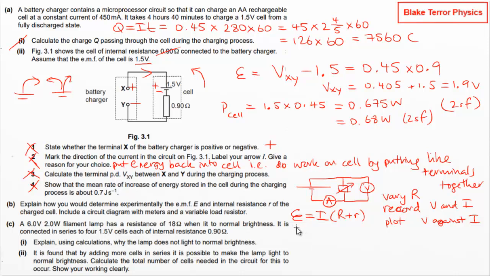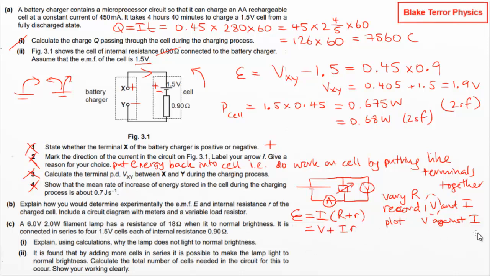So if we're going to rearrange that, well, actually, let's expand it out first, because I times capital R is V. That's what we're recording here, is the V. It's the only resistance we've got in the circuit, over the variable resistor. So I times the variable resistor is the reading on the voltmeter, plus I times r.